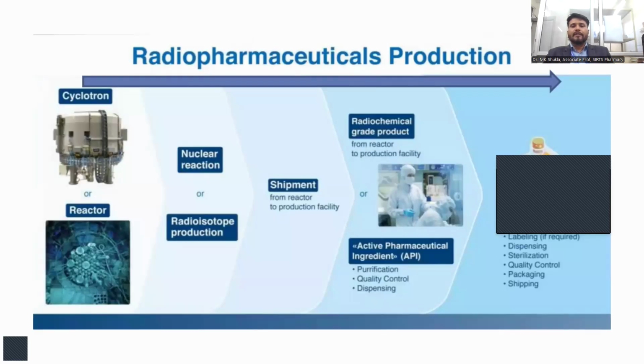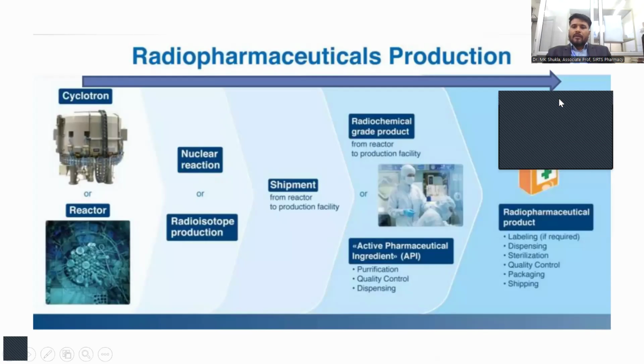This material is used in radiopharmaceutical grade product, and from the reactor to the production facility, and the active pharmaceutical ingredient (API). These three points are considered: purification, quality control, and dispensing. Also, the pharmaceutical product should have the label if required, and dispensing, sterilization, quality control, packaging, and shipping.